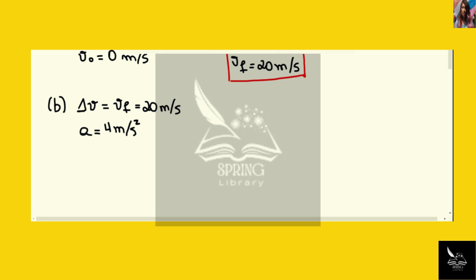So the time, we know that the time is equal to the variation in speed divided by the acceleration, and this is 20 meters per second divided by 4 meters per second squared, and this is 5 seconds.